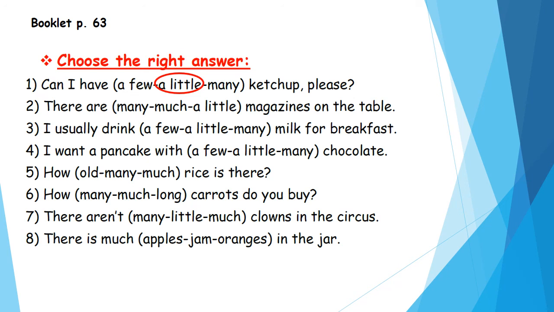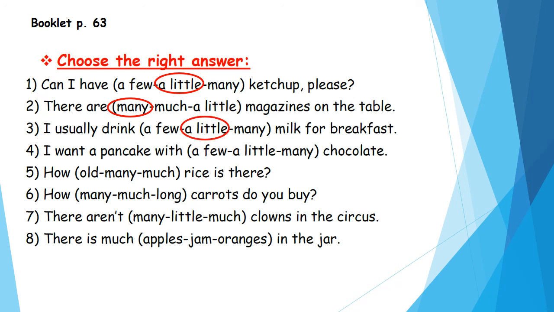Okay, magazines is a plural countable noun, so we'll choose what? Super, many. Number 3. I usually drink a few, a little, many milk for breakfast. Yes, super, milk is uncountable, so we'll choose what? A little, super.